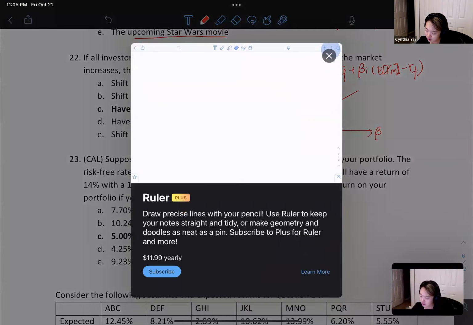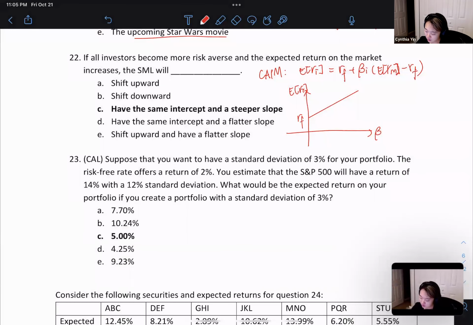Okay. This is RF. This is beta equals to 1. Then here is expected RM. So in the question, before that, this whole figure, this line is called SML, security market line.